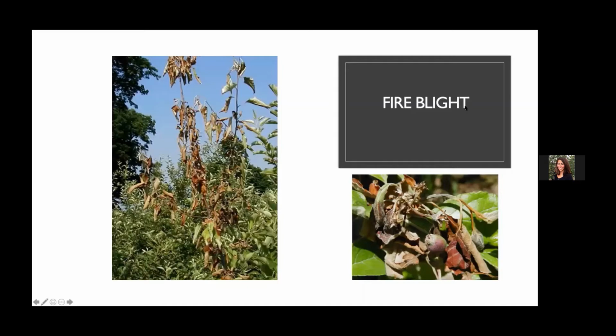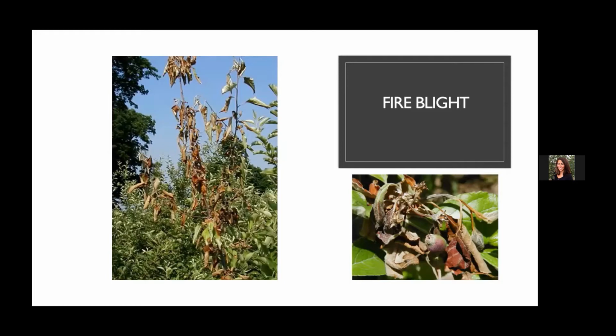So fire blight is the other big pathogen that impacts apples, and it is a bacterial disease. This bacteria will invade the flowers of the apple trees during bloom and cause blossom blast. As you can imagine what that means, the flower itself is killed, which then results in the lack of fruit on that tree.